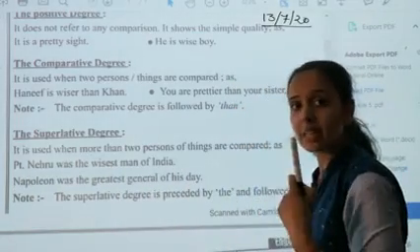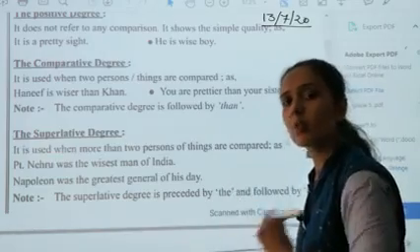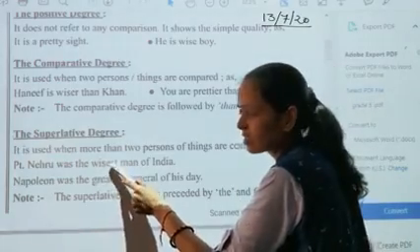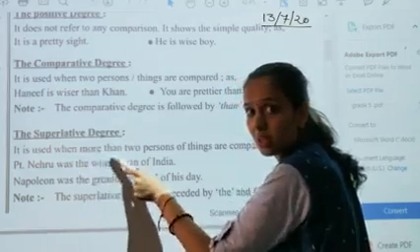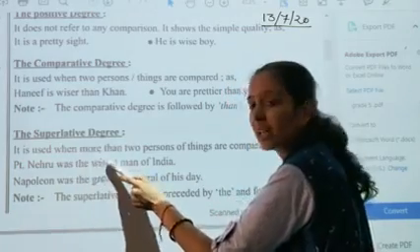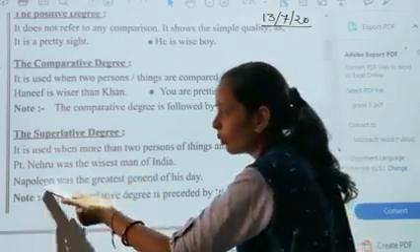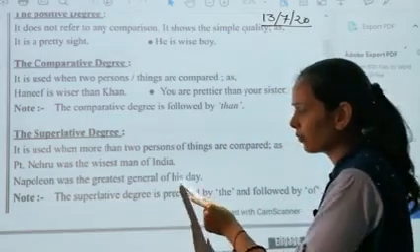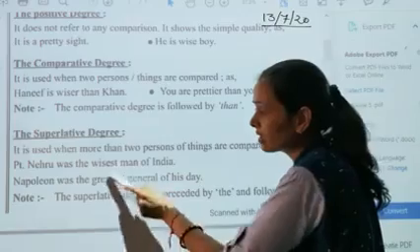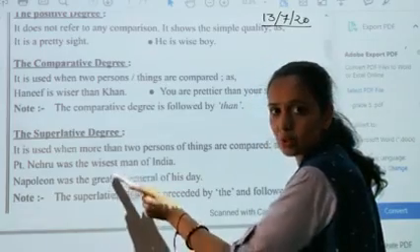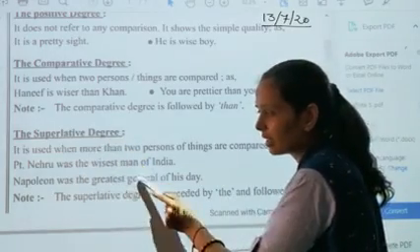If you can see the word wisest, EST is used. Before it the is used. Here you can see, no? So always before that word the is used. Napoleon was the greatest general of his day. If you can see great, here EST is used. Means it is what? Superlative degree.